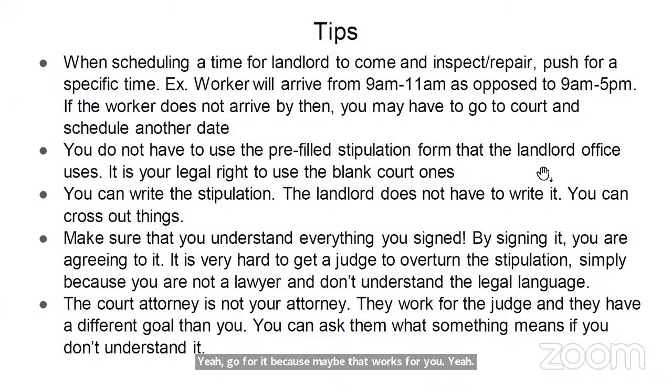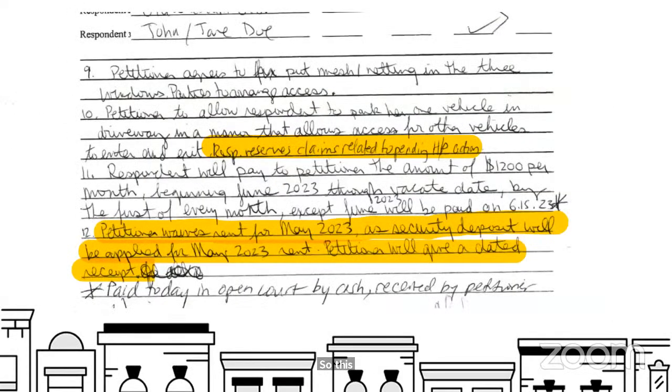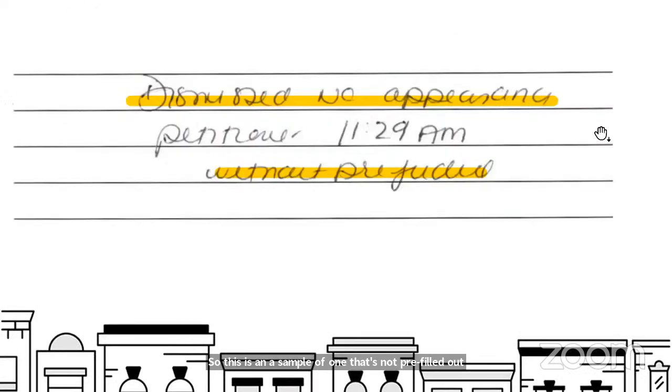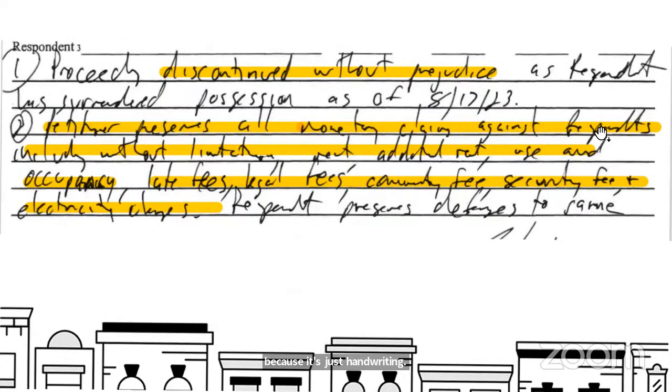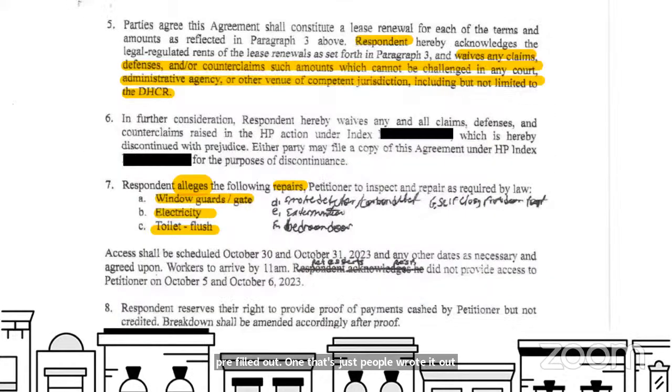And again, you don't have to use the pre-filled out stipulation form. This is an example of one that's not pre-filled out because it's just handwriting. This is another example of one that people just wrote out. But this is an agreement that was pre-filled out. And look, there's a lot of things that you're waiving.